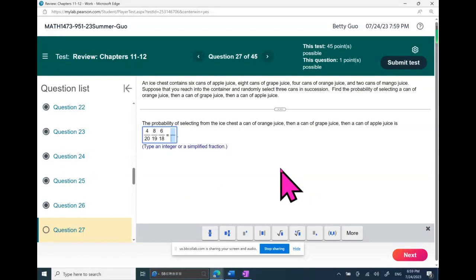Okay. So that is 1/5. That is 1/3. So 1/15. So we have 8 here. 19 times 15 is 285.